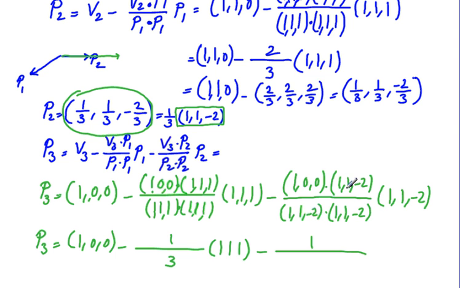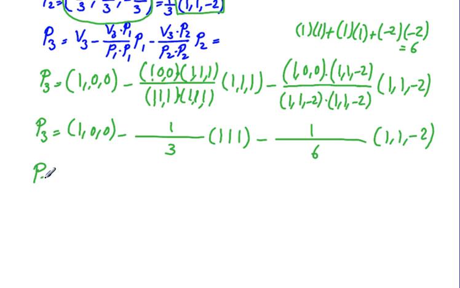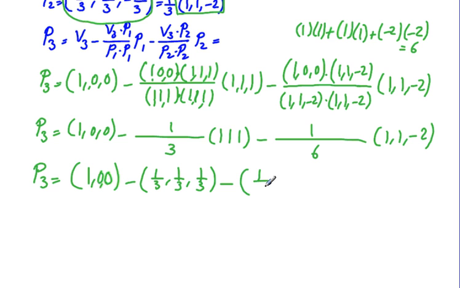1 times what? 1 times 1, minus 2 times minus 2. That's going to be 1 times 1, plus 1 times 1, plus minus 2 times minus 2 makes 6. 6 of 1 1 minus 2. So P3 is 1, 0, 0 minus 1/3, 1/3, 1/3 minus 1/6, 1/6, if you wish, minus 2/6 of minus 2/3, minus, let me just write it, minus 2/6.